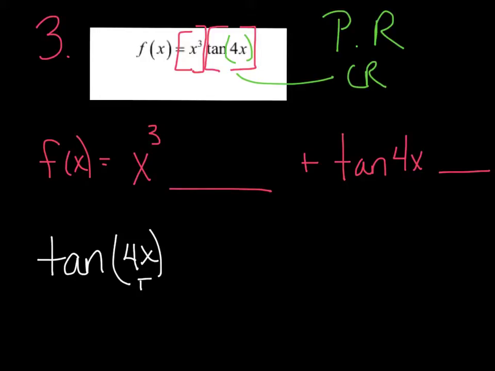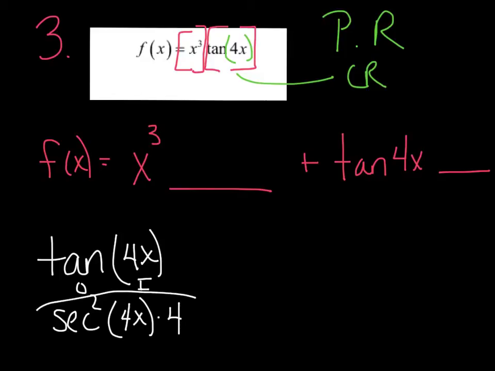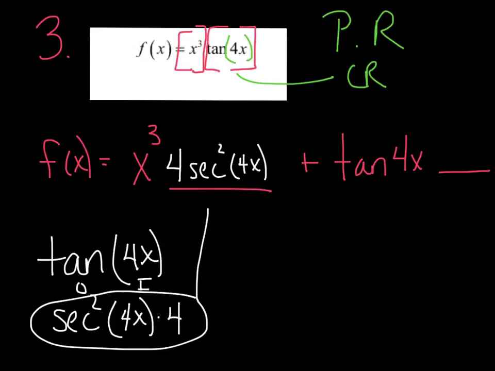Okay, so there's my chain, my inside and outside. Derivative of the outside, so the derivative of tangent is secant squared, keep the inside, times the derivative of the inside. So that's what I'm going to put up here. I'm going to go 4 secant squared of 4x. The derivative of x cubed, that first term there, of course, is just 3x squared.